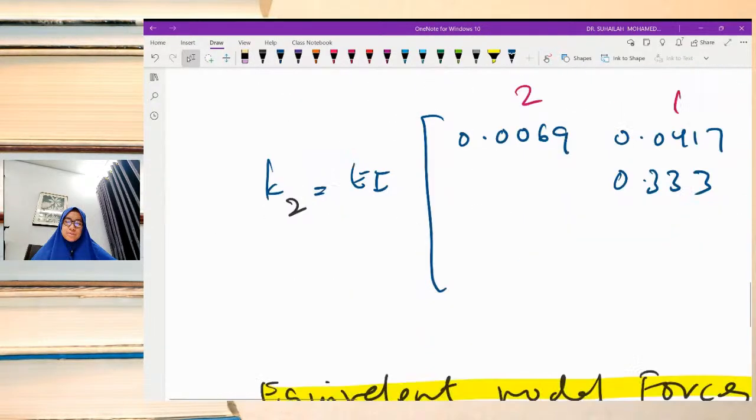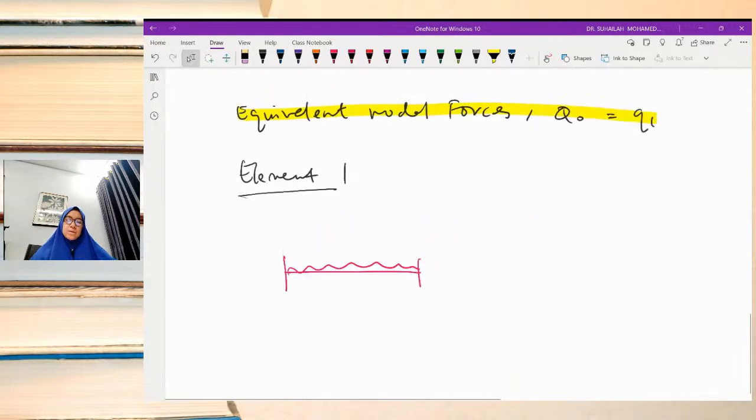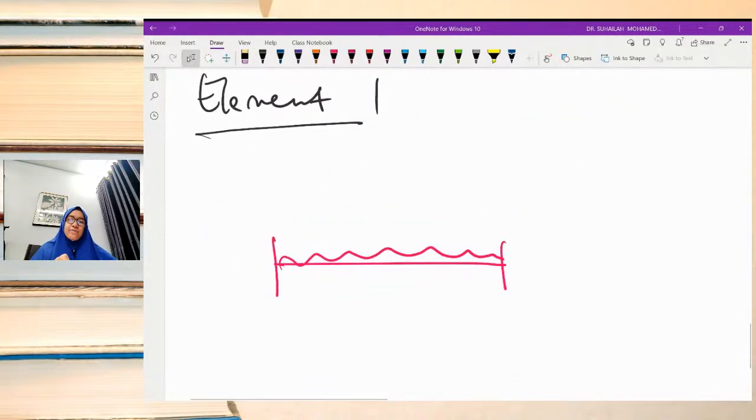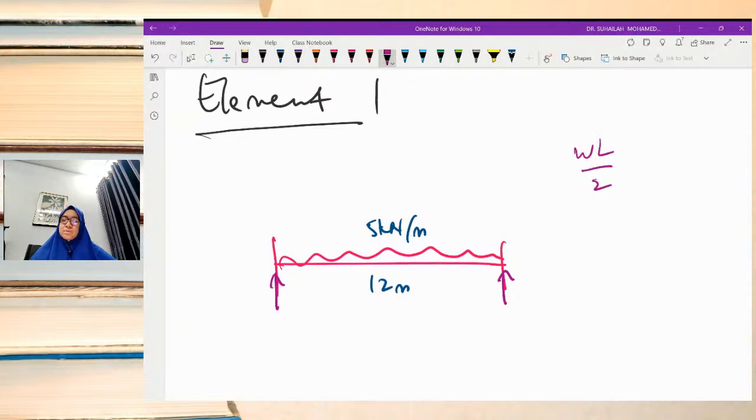So the vertical reaction is 5 times 12 divided by 2, WL over 2. 5 times 12 is 60, 60 divided by 2, so this is 30 and 30.